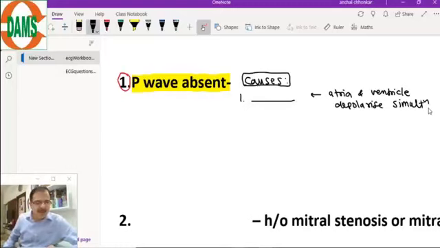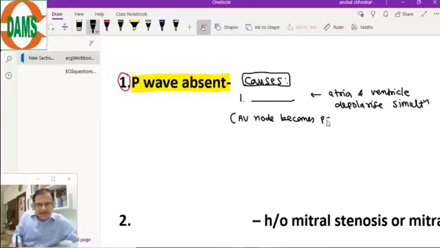This rhythm occurs when the AV node becomes the pacemaker. Yes, this is known as the junctional rhythm. So the first cause is junctional rhythm.